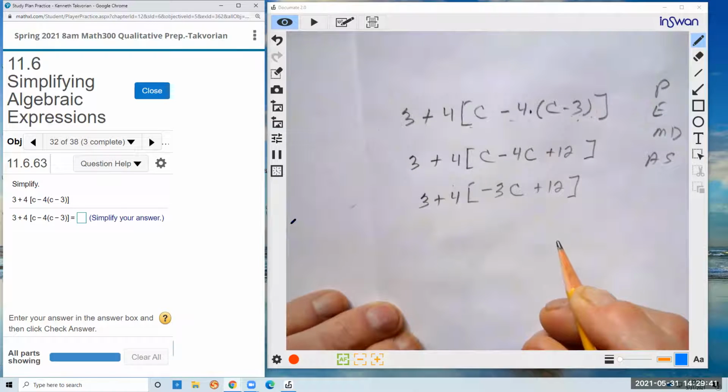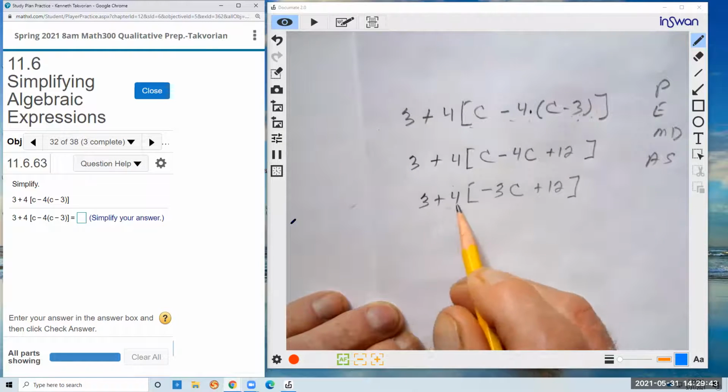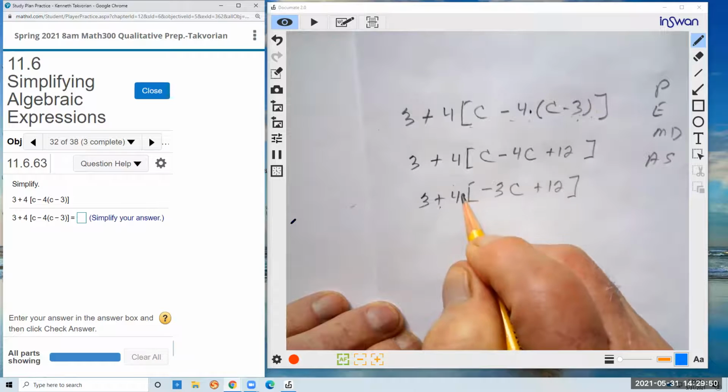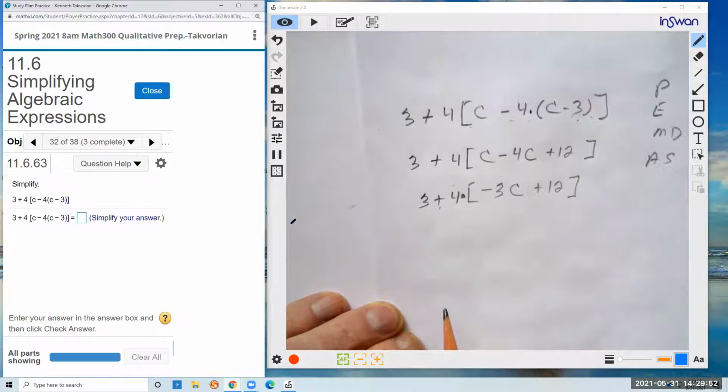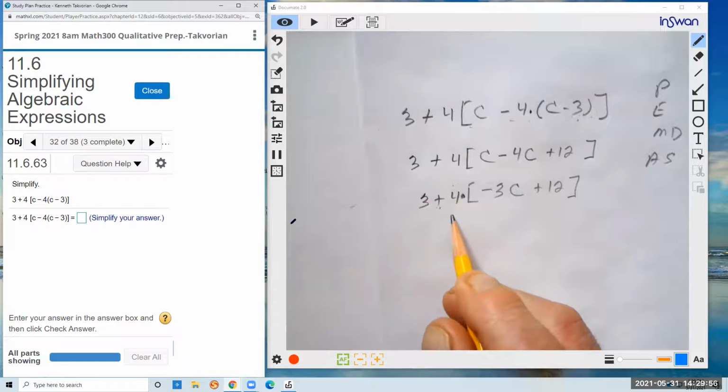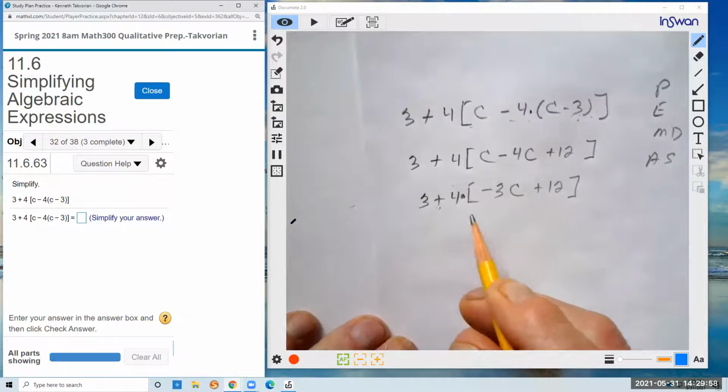Now, a careless mistake is doing the left to right, adding 3 plus 4 first. You can't add until we have done the multiplication. So distribution has the priority over the addition. So the common mistake is adding first, not multiplying first.